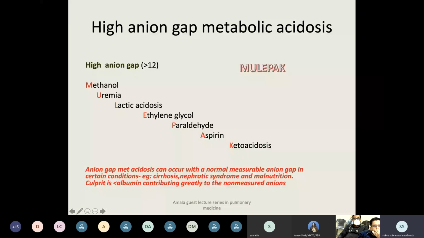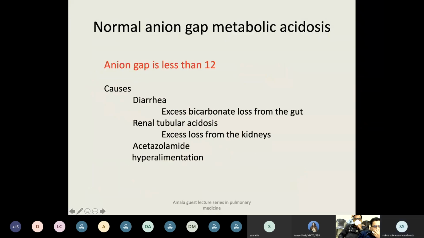And mind you, anion gap metabolic acidosis can occur in some conditions where the actual measurable anion gap may be normal. Still, you will call it a high anion gap. For example, in cirrhosis, nephrotic syndrome and malnutrition, where the culprit is hypoalbuminemia, contributing greatly to the unmeasured anions.